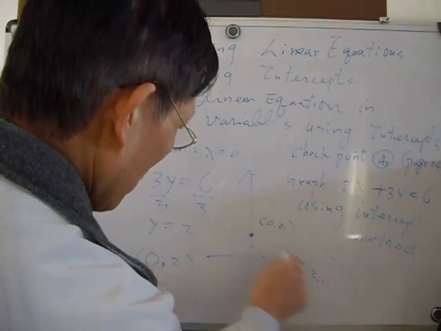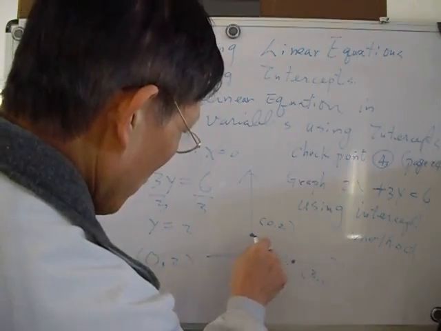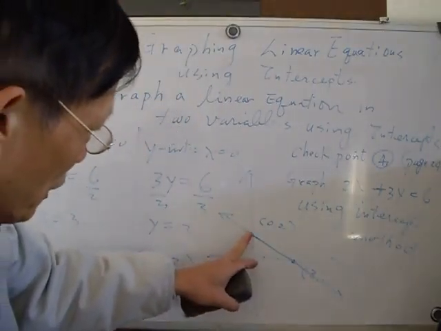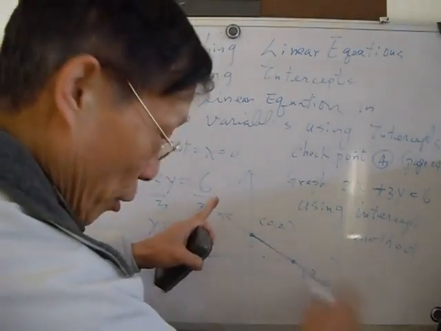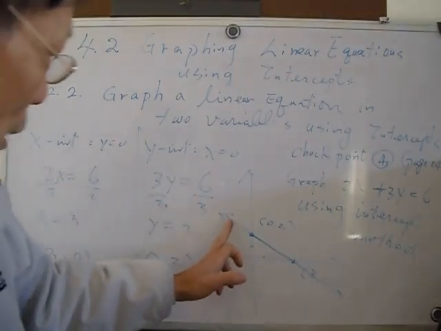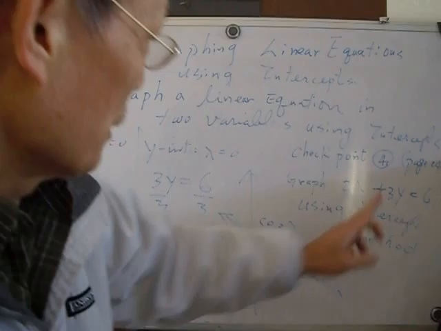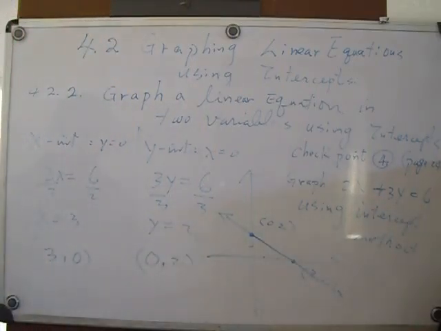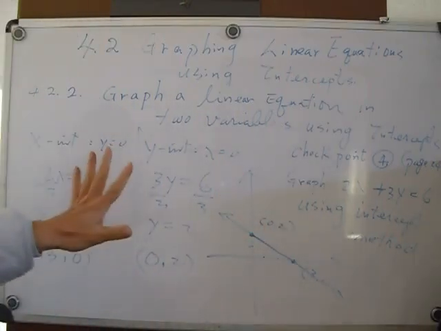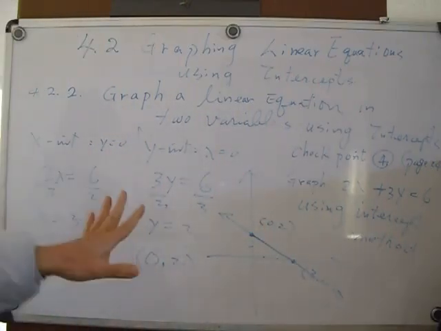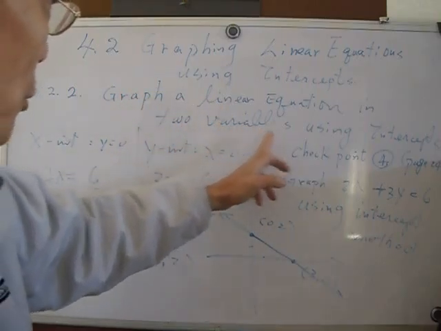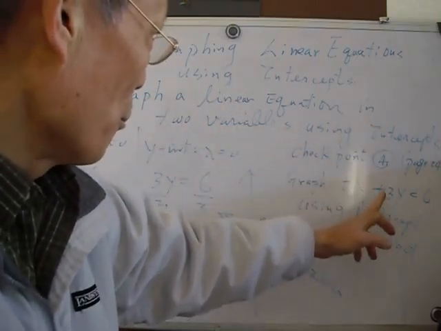And then you need to actually connect them to make a line. You cannot just leave two points there. You have to graph this line. This line represents the equation, with the y-intercept and x-intercept here.